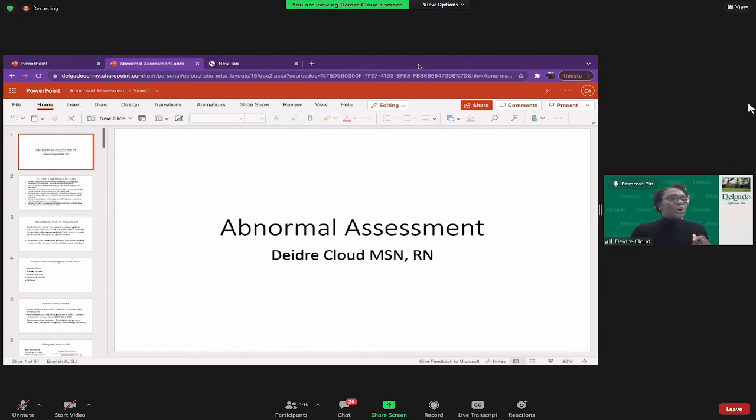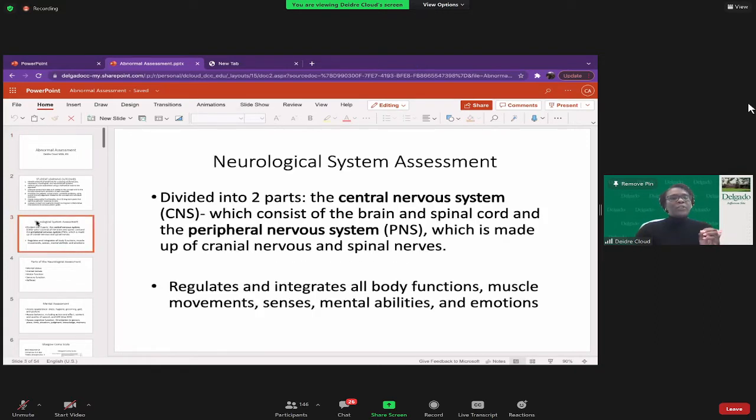We'll discuss anatomical landmarks for assessing patients for the neurological system, the cardiovascular system, the neurovascular, and the respiratory system. Then we'll discuss subjective and objective data, and once we find those abnormalities, how does the nurse approach the treatment of those patients?